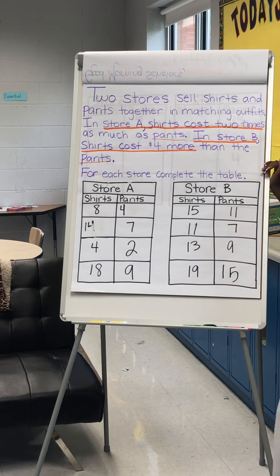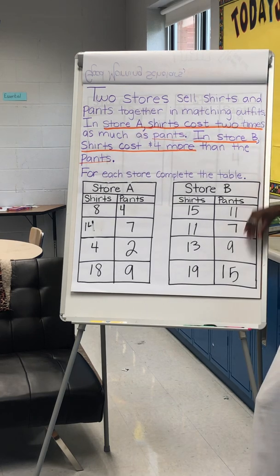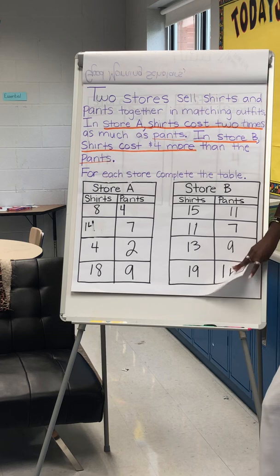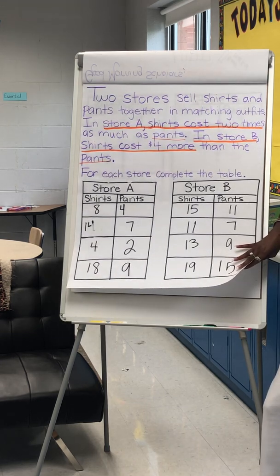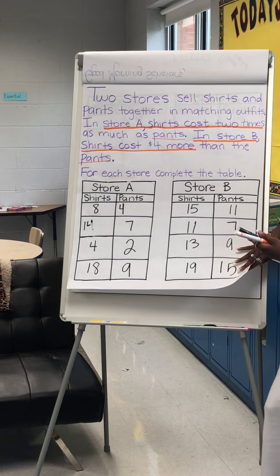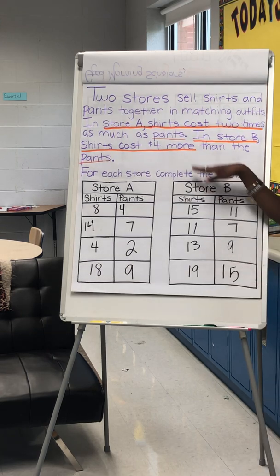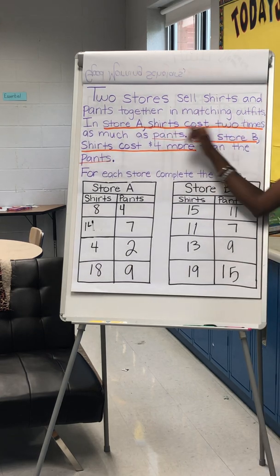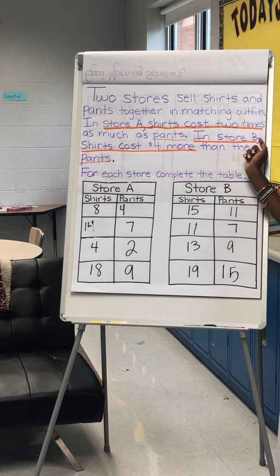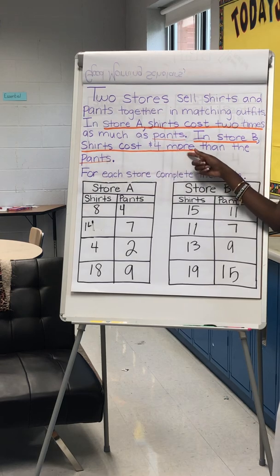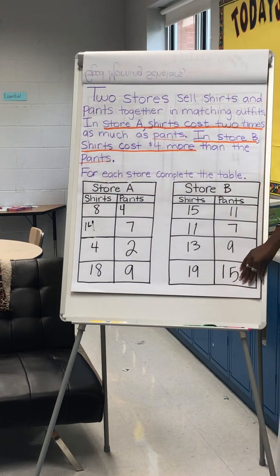If you need to revisit this video, that is perfectly fine. I went ahead and made one for you. So if you want to pause this video, you can, so that you can see the chart. We're still using that the shirts cost 2 times as much as pants. And we are still using in store B that the shirts cost 4 more than the pants.